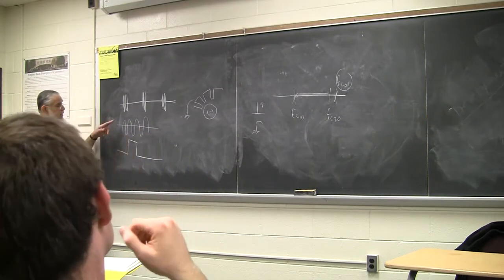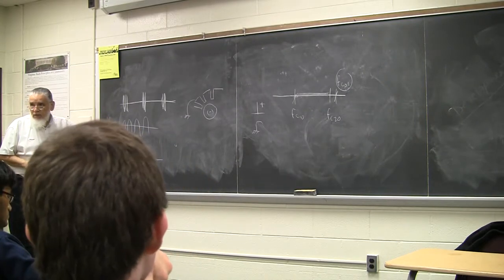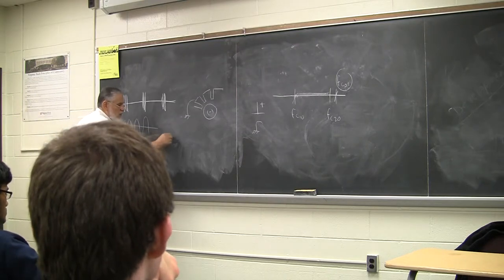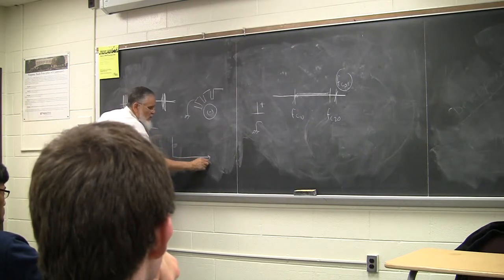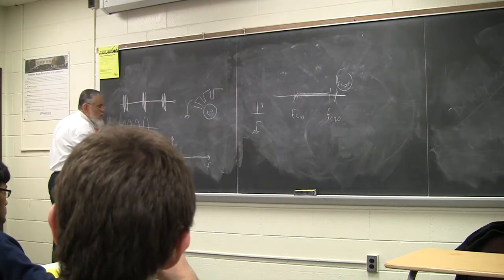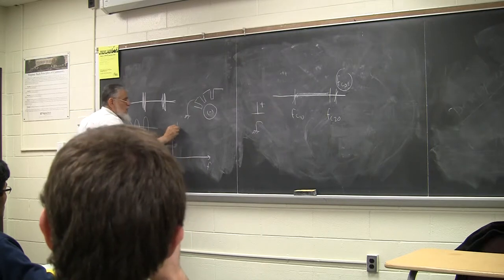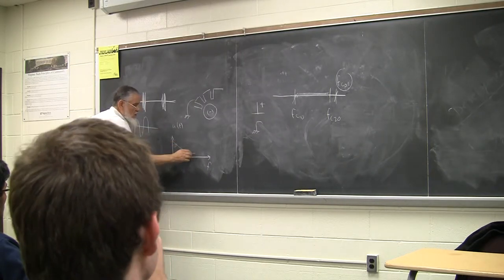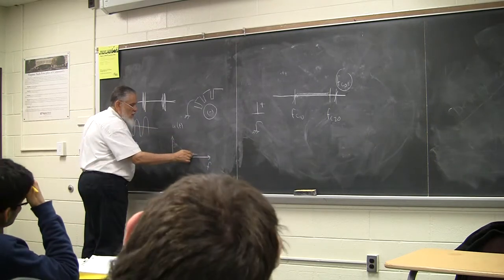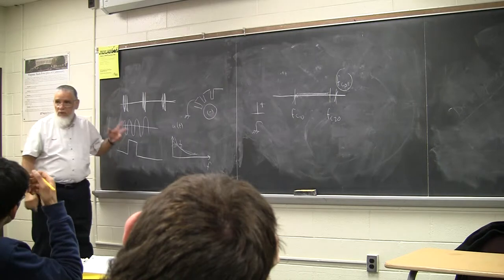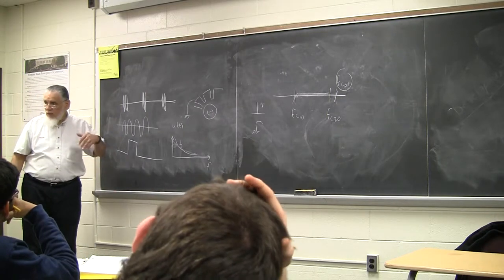Now, a regular pulse like this will have a frequency spectrum that would extend way up in frequencies. You know that the step function, U of t, goes with 1 over s in the Laplace transform, isn't that right?